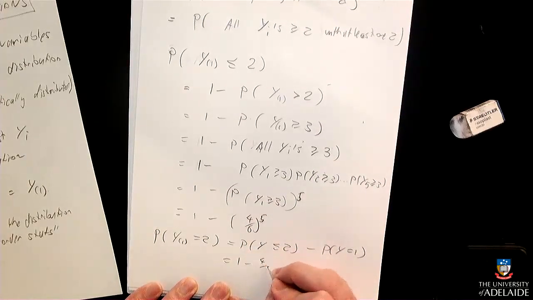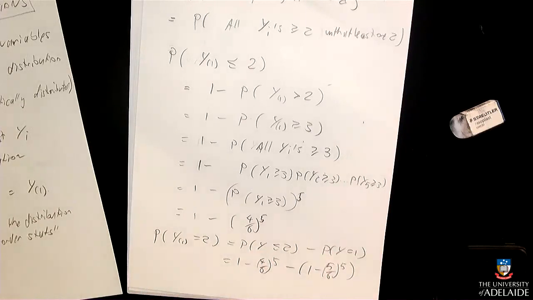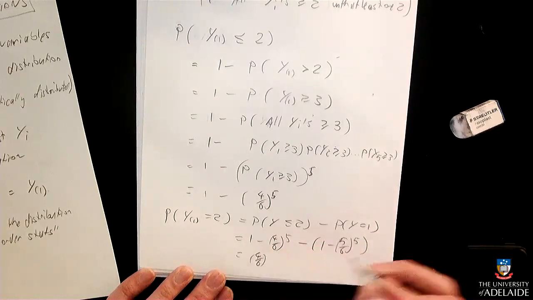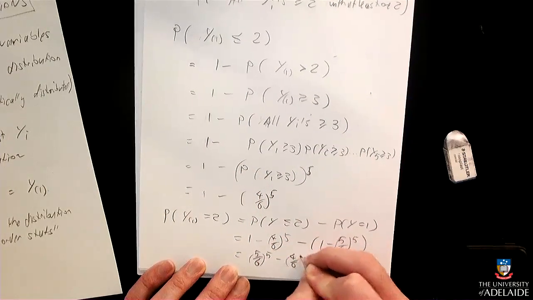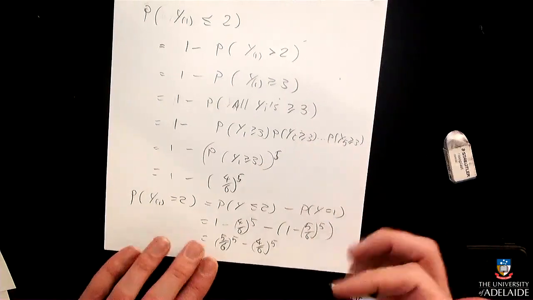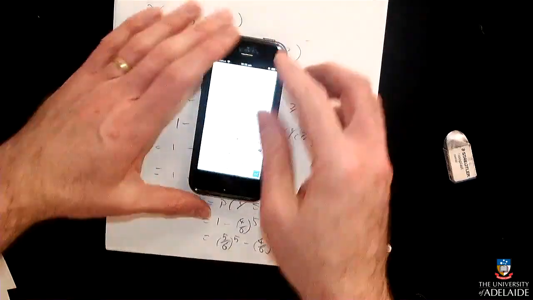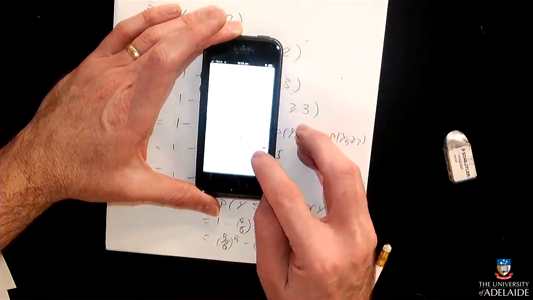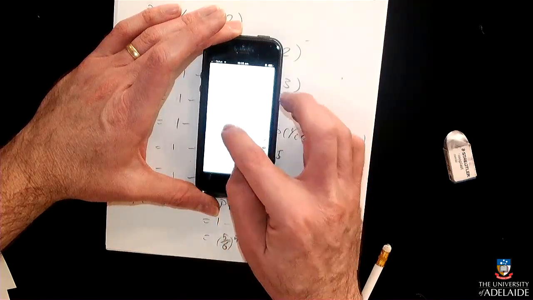So that's 1 minus, which is whatever it is. Five sixths to the power of 5, 6.